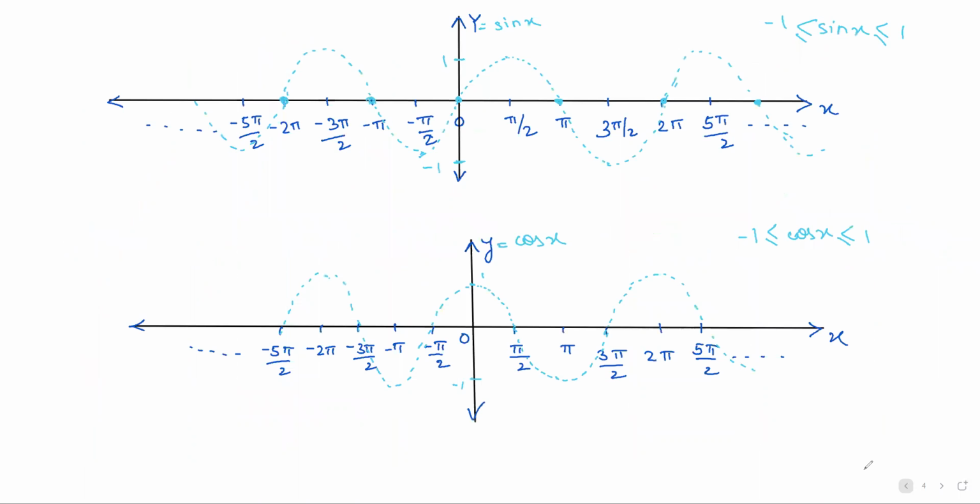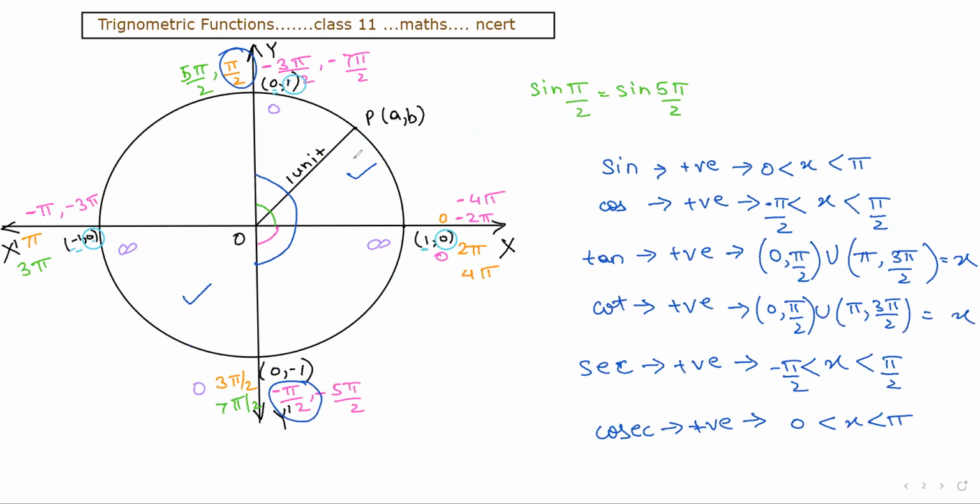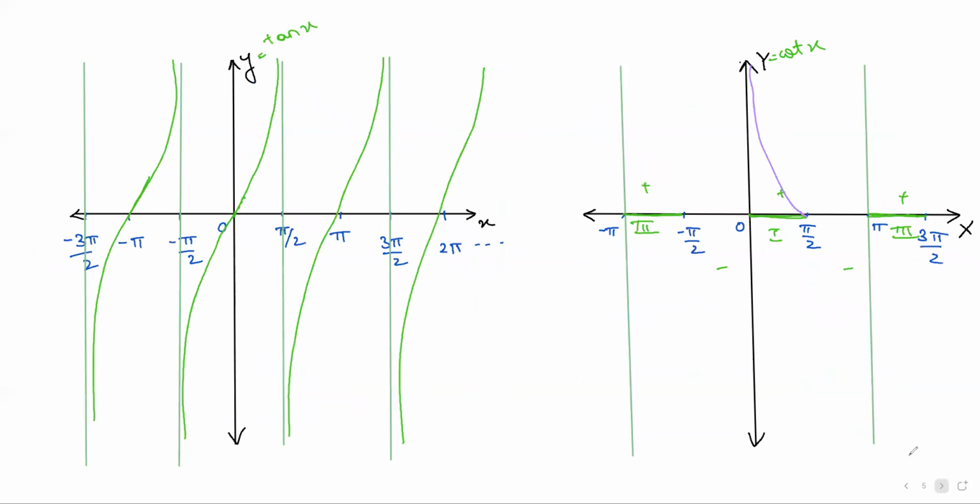What happens further? As you're moving from pi by 2 to pi, you're moving from 0 to infinity. That means you're decreasing in the negative region. Your y value should be negative, decreasing in the negative region till you reach infinity. This pattern goes on repeating itself.